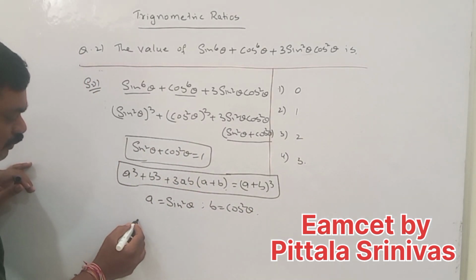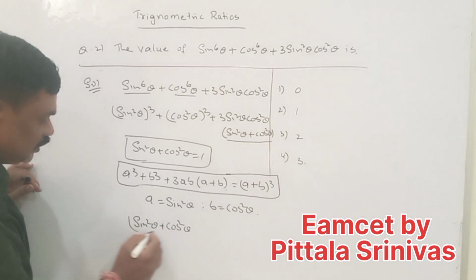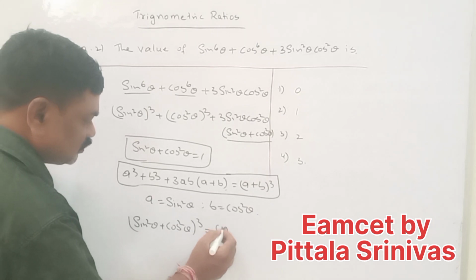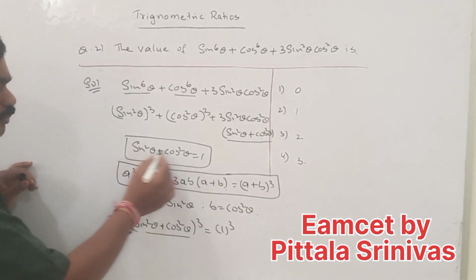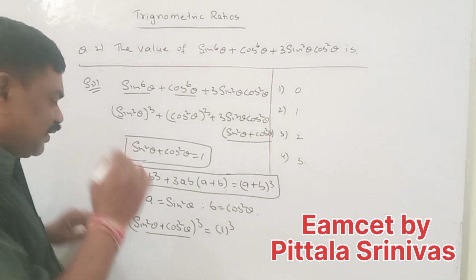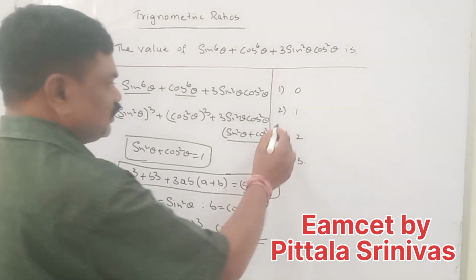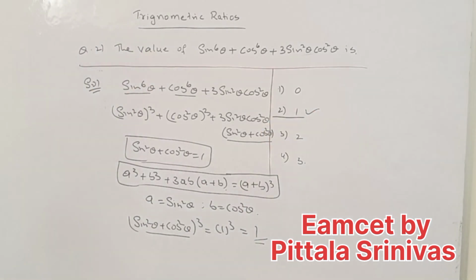Then a plus b whole cube, that is sin square theta plus cos square theta whole cube, that is 1 cube. Sin square theta plus cos square theta is equal to 1, the first trigonometric identity. So it is equal to 1. So this is the answer.